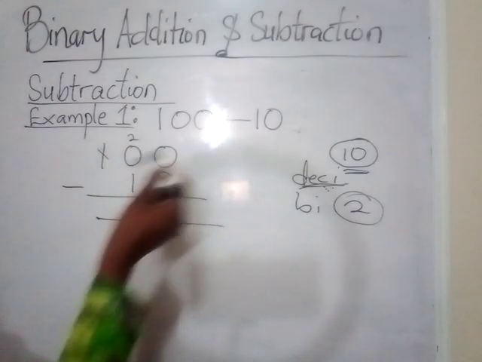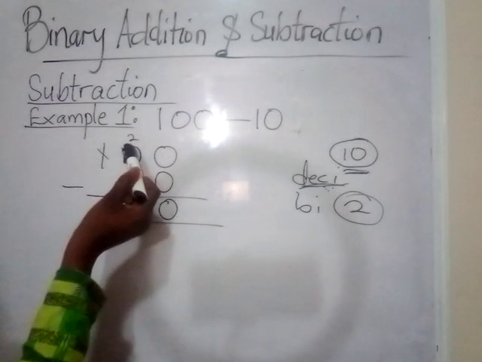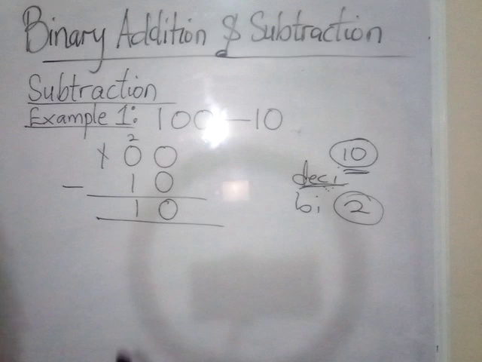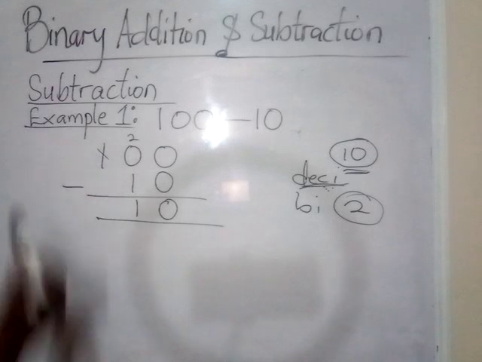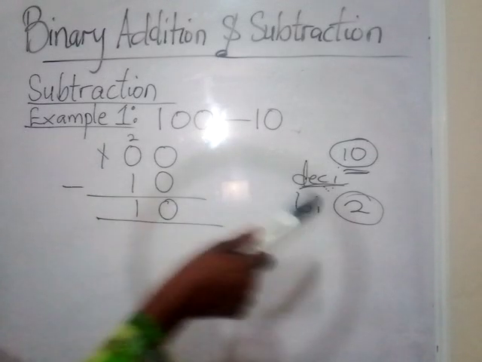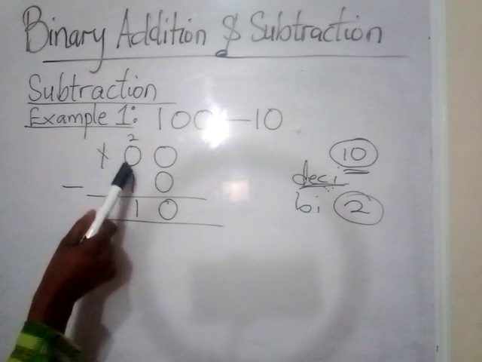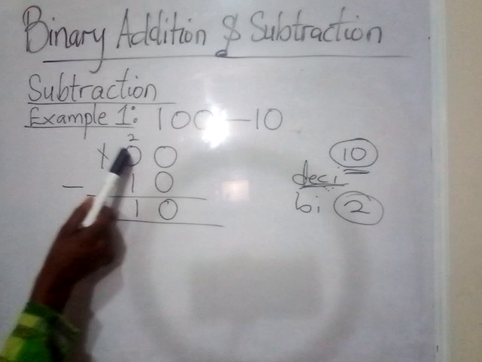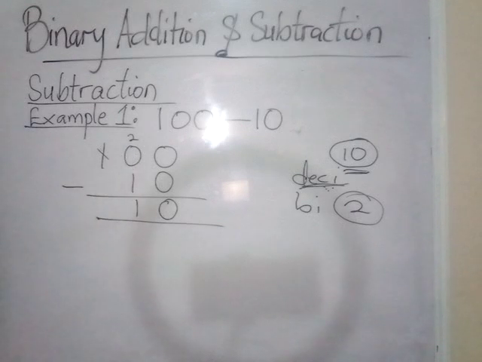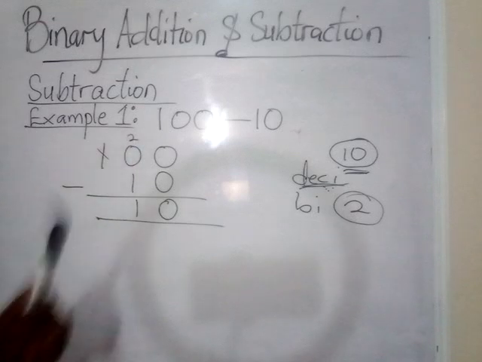So we have 100 minus 10. So 0 minus 0 is easy, is 0. But here we have 0 minus 1. We know that we can't take away 1 from 0. It's going to give us a negative number. So what do we do? We come here to borrow. Now what we are trying to explain here is, unlike a decimal number system where what you borrow is 10, and you use it to help the number that is in distress, in the case of binary numbers, whatever you borrow has the value of 2.